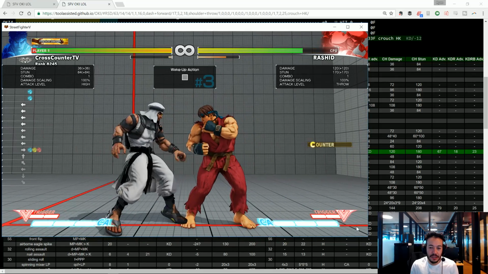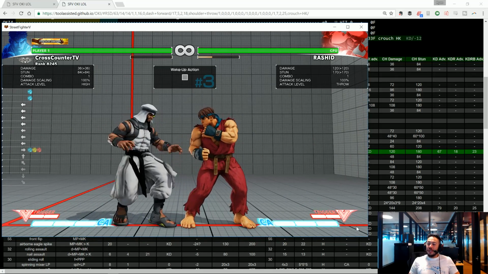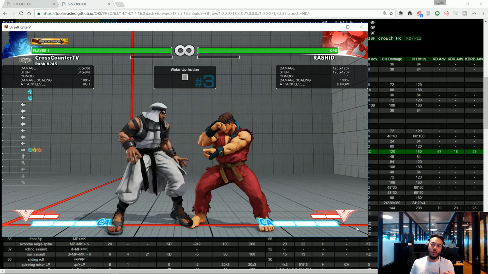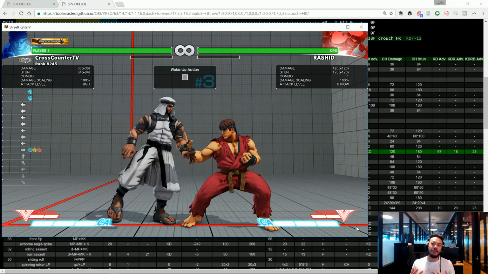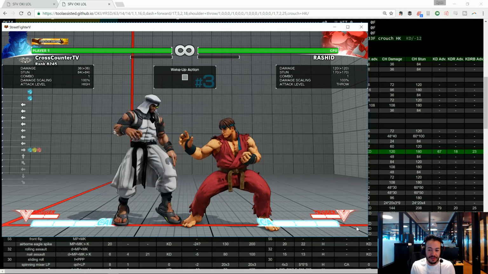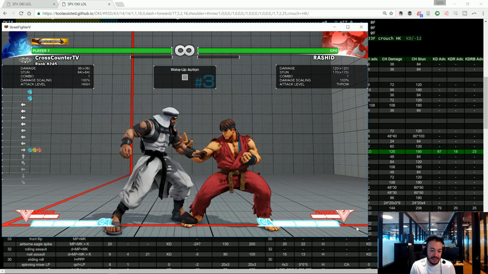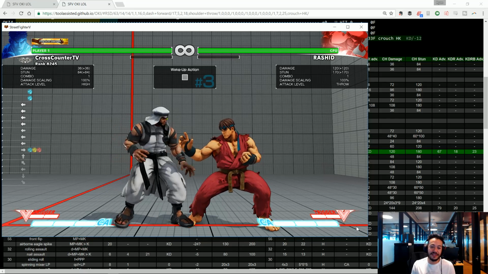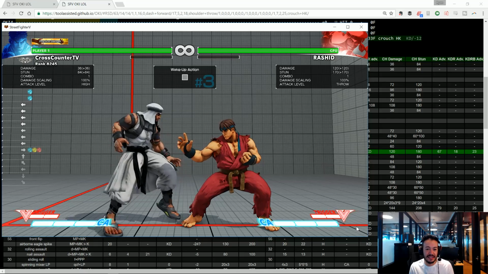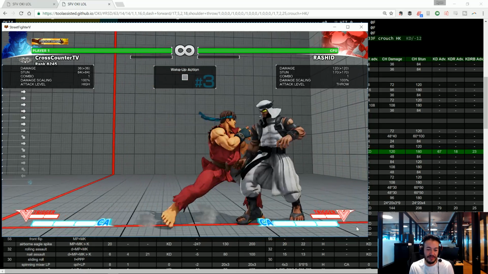Hmm. So understanding when you get thrown what each character's advantage or lack of advantage is, is important so that you don't get put into these types of situations that essentially aren't legit. Yeah.